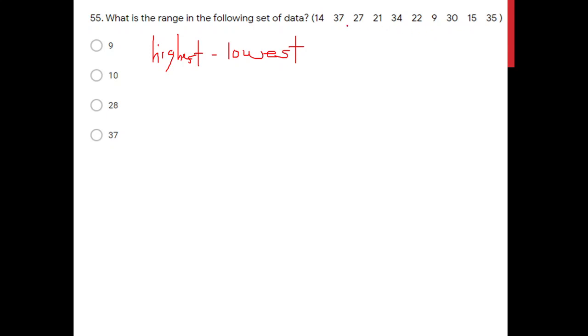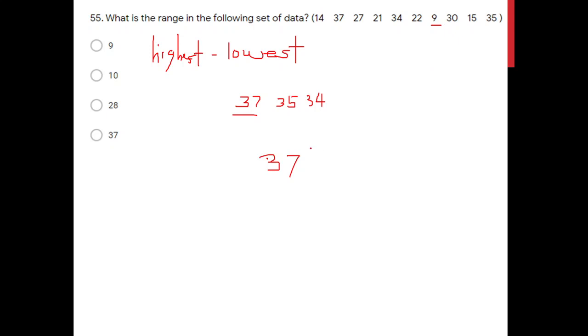So you have 1, 2, 3, 4, 5, 6, 7, 8, 9, 10 samples. The highest would be 37, followed by 35. Next would be 34. Okay, so all we need to find is the highest, right? So this is the highest, that is 37. So what will be the lowest here? I think that would be 9, right?